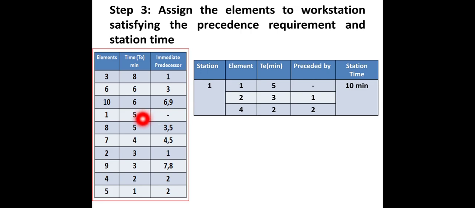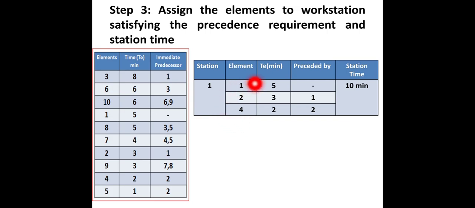Since the time is 5 minutes, which is less than 10 minutes, we are free to assign this. So element number 1 is assigned here, 1, 5, preceded by none. So 10 minus 5, you have another 5 minutes which we can assign in station number 1.